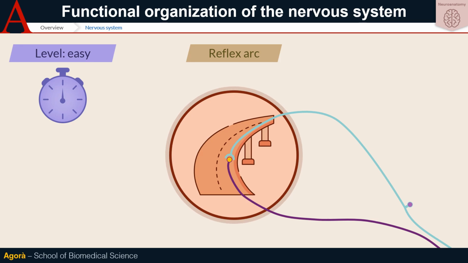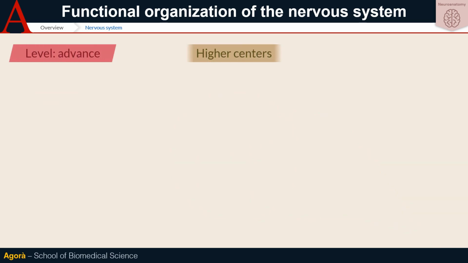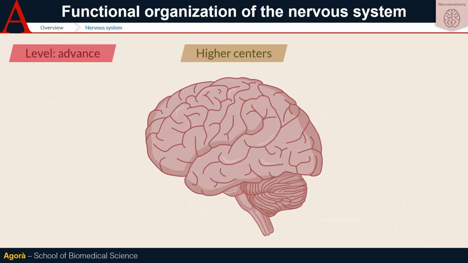For instance, when a doctor taps our knee with a reflex hammer, we experience a stereotypical motor movement beyond our control, resulting in an involuntary leg extension. However, for more intricate responses, higher centers located in the brain come into play, integrating the stimulus.